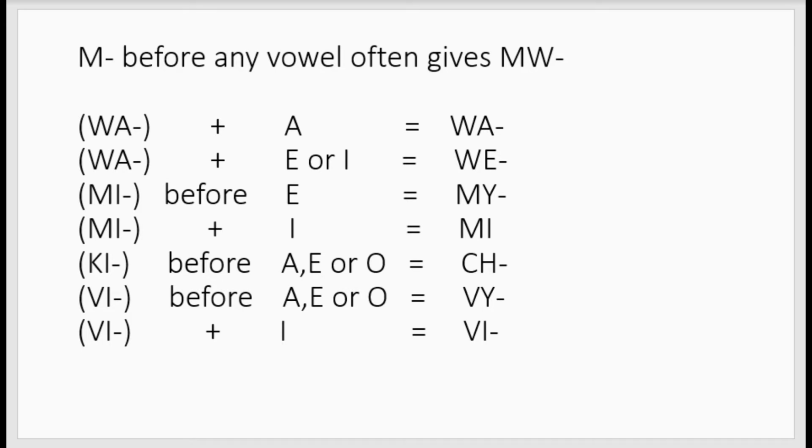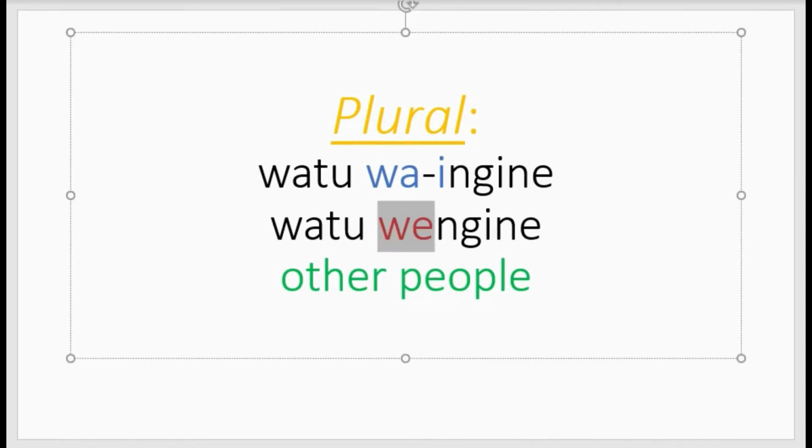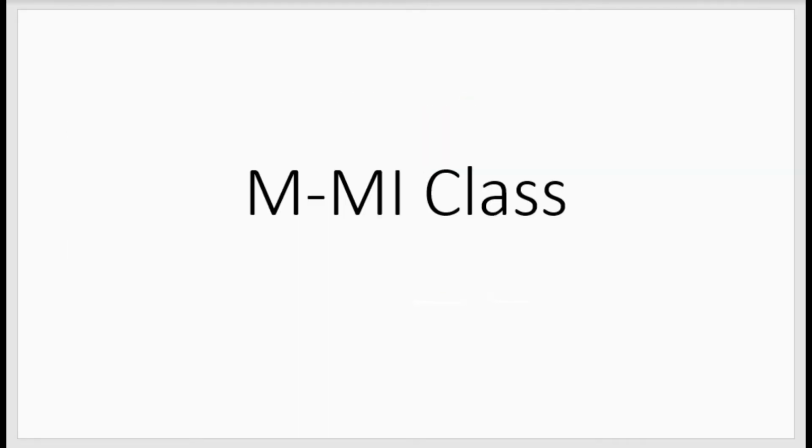So in our example here, what we get is watu wengine, which means other people. Watu means people. Ingine means other.